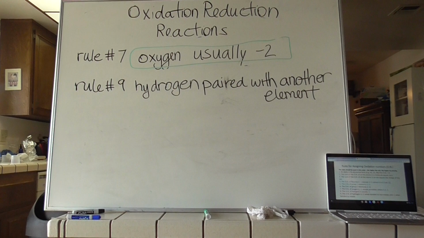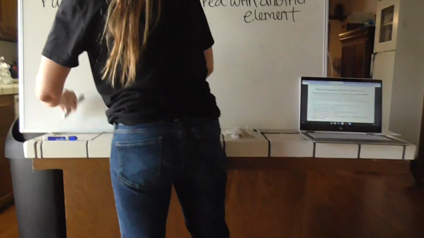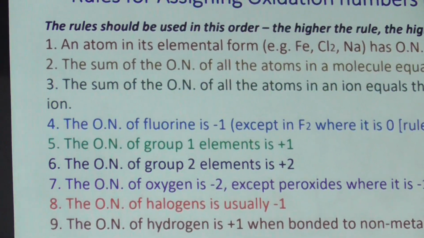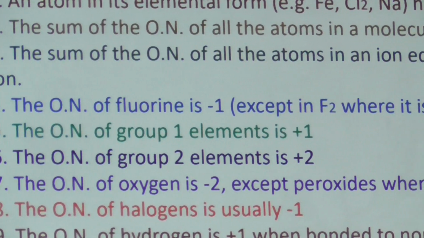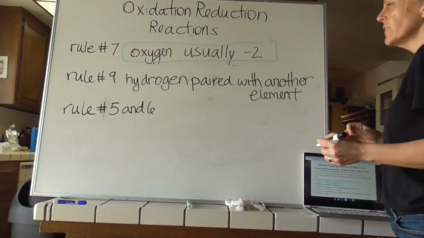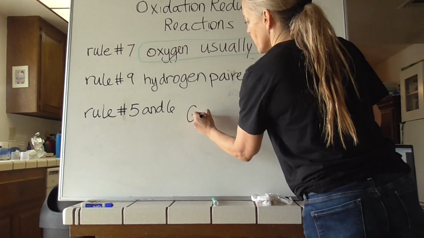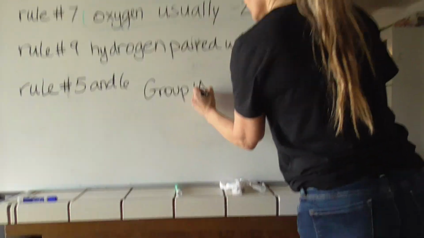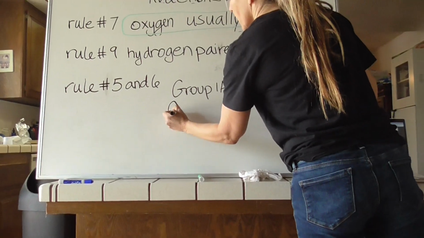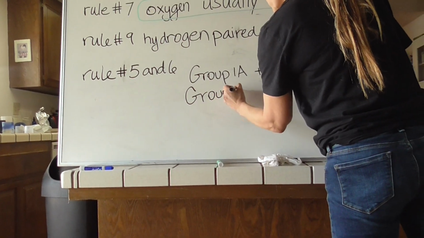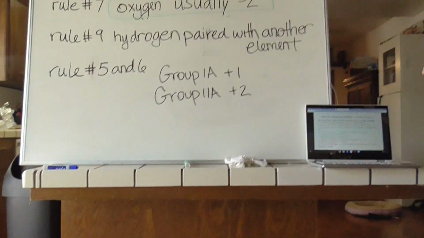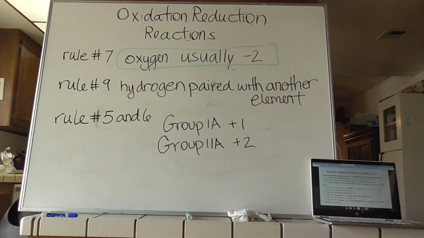Other ones that are easy are rules 5 and 6. So that's like the charges. So rule 5 and 6 is if you have a group 1A, it's going to have +1. If you have a group 2A, it's +2. So those are similar to what the charges would be.